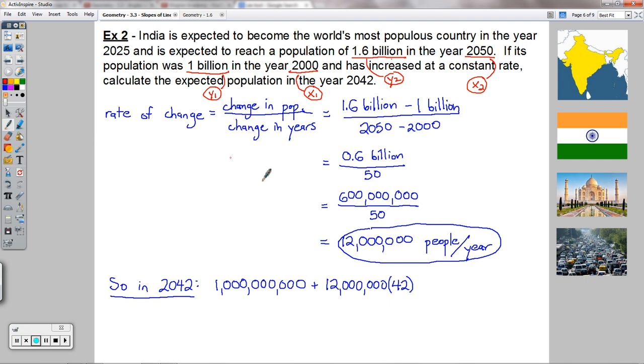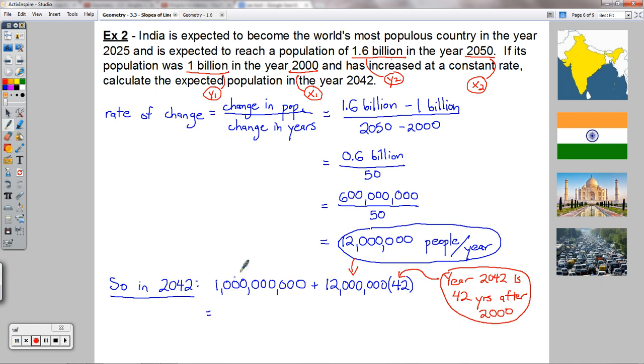So this number comes from there, and this 42 is from the year 2042, which is 42 years after the year 2000.